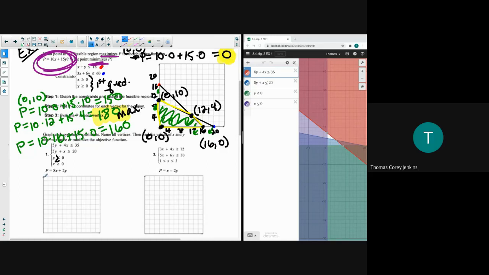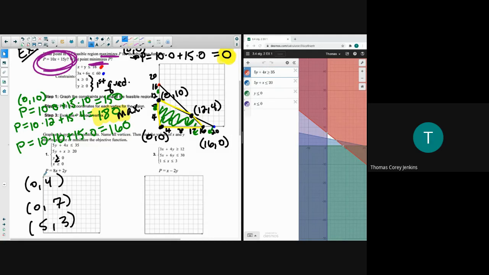So again, the vertices from the graph were 0, 4, 0, 7, and 5, 3. All right, so that's what you need Desmos for, coming up with those vertices. And then from there, you just have to do the math.